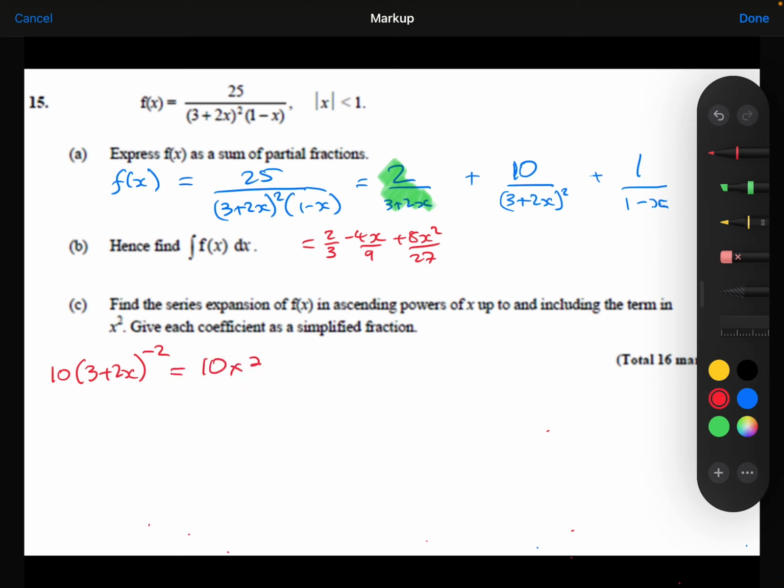So taking the 3 out would be 3 to the power minus 2. And on the inside here, we've got the 1 plus 2x over 3 to the power minus 2. 3 to the power minus 2, that's 1 over 9. And 10 times 1 over 9 is 10 over 9.